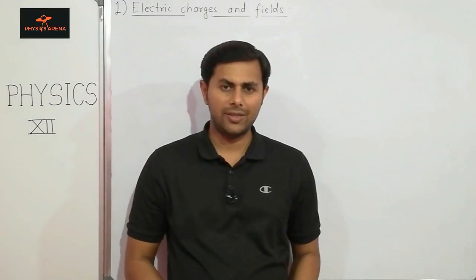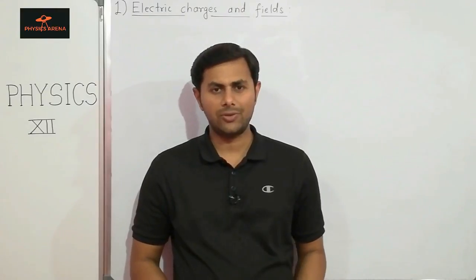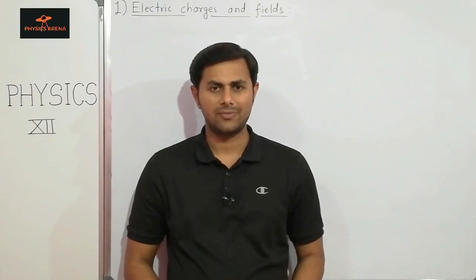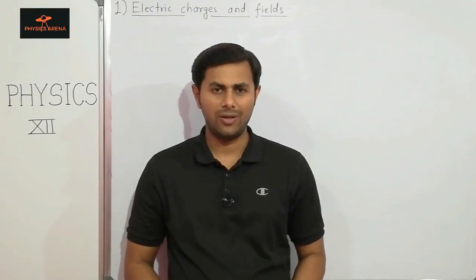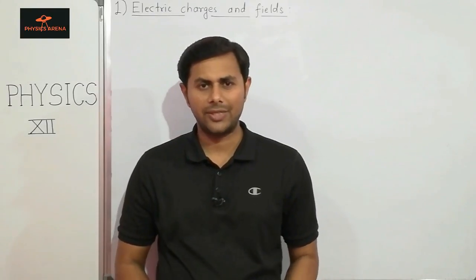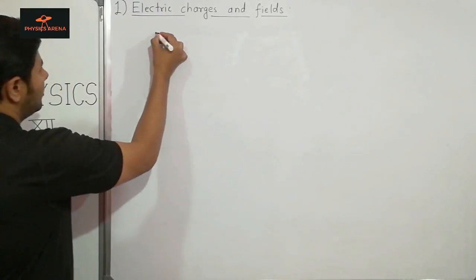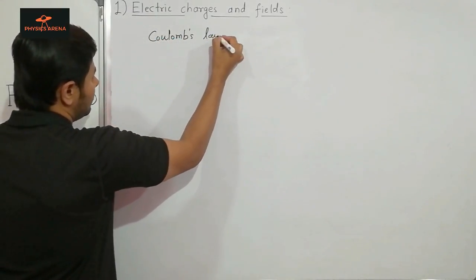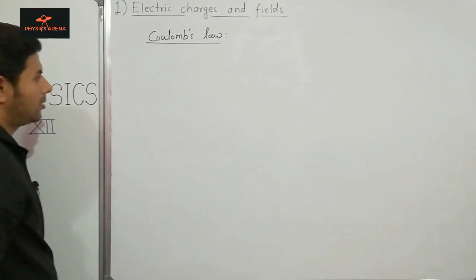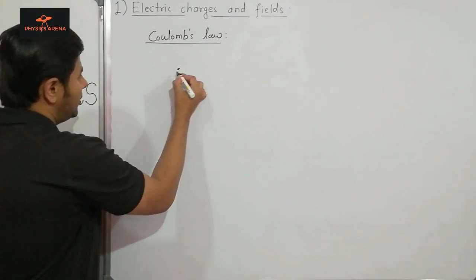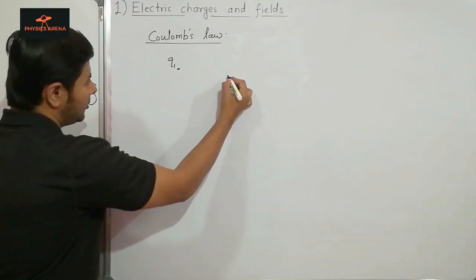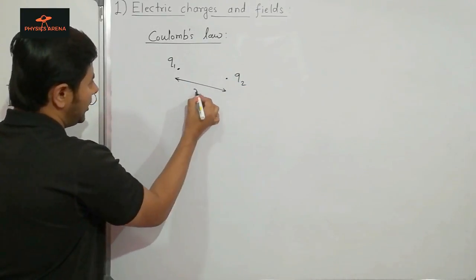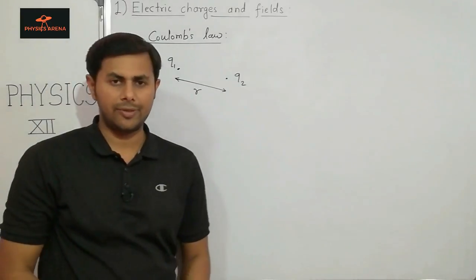Now let us see a rule which allows us to calculate the exact amount of force between charges, and it is called Coulomb's law after its inventor. So suppose we have two charges, Q1 and Q2, and R is the distance between the two charges.